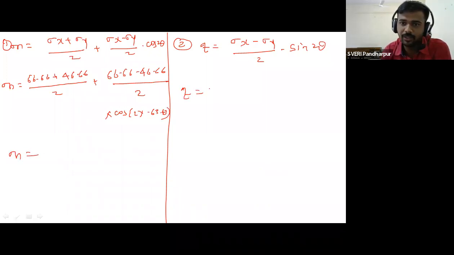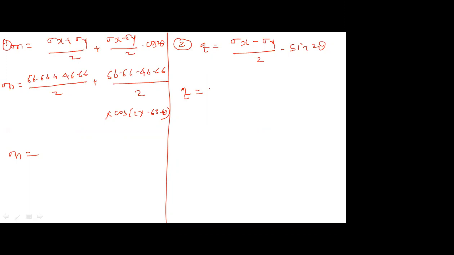Similarly, sigma t. Sigma n is 50.66 Newton per mm square. So do the calculation and send me the answers in the chat box.